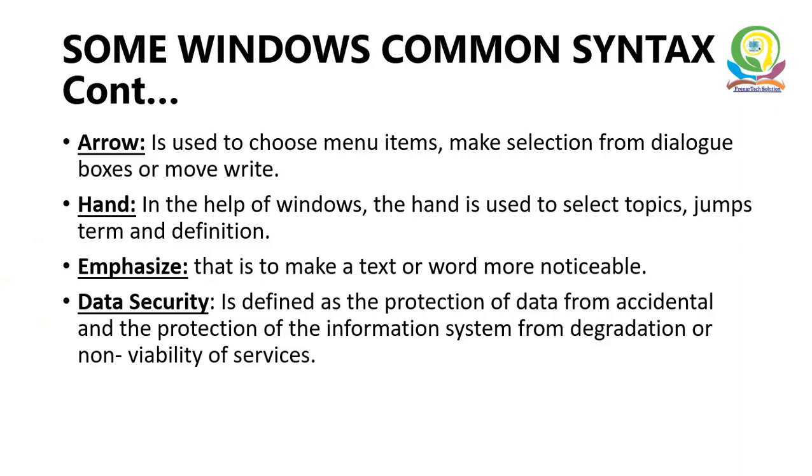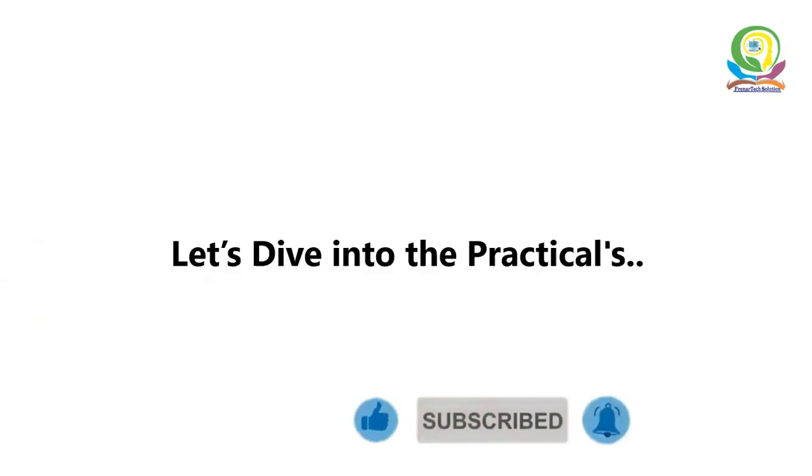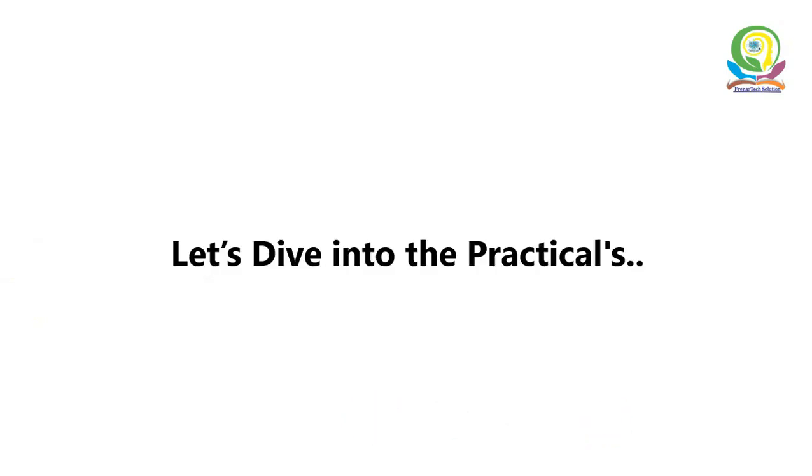Data security is defined as the protection of data from accidental disclosure and the protection of information systems from degradation or non-availability of service. So that is the work of it, how you protect those data so that they will not be degraded. Let's dive into the practicals.